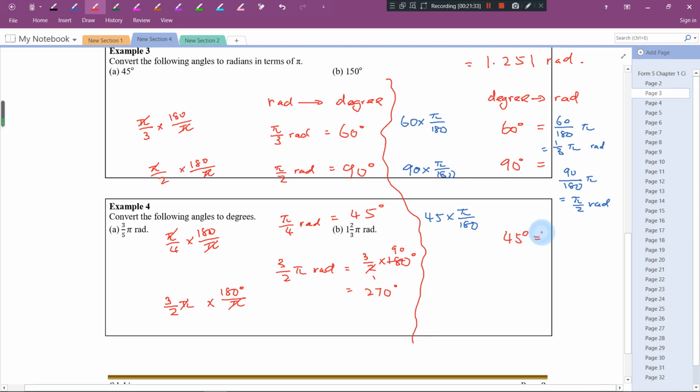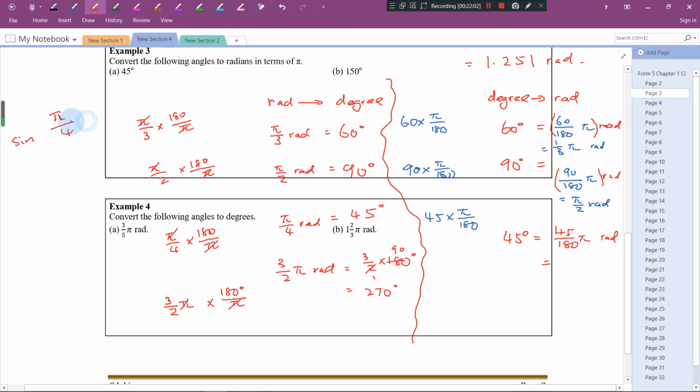So okay, 45 degree, I want you to convert it to radian. You take 45 divided by 180, add a pi beside it. Okay, then it will be in radian. Normally if some people give you the angle, let's say for example, sine pi over 4.